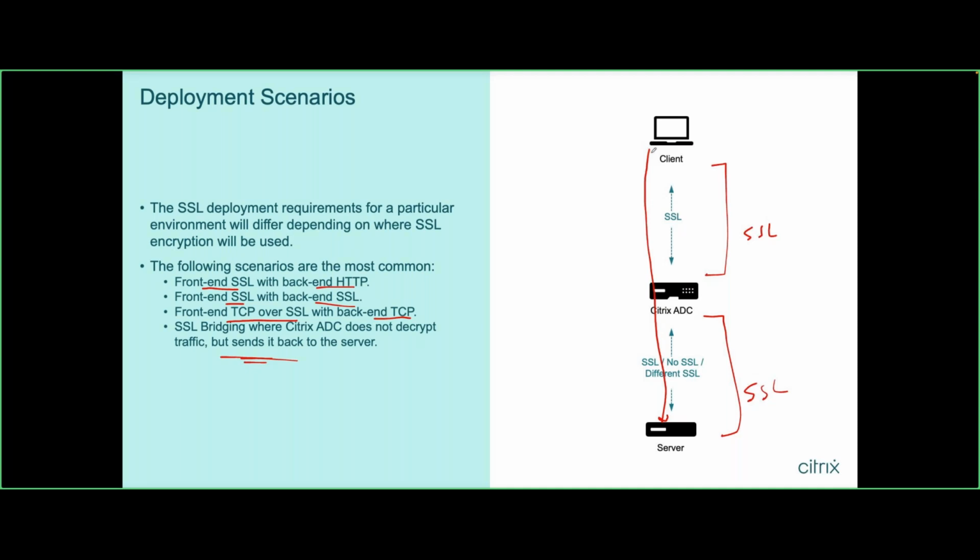I don't have to show you my server certificate. I can still use the ADC certificate, because I've made the ADC certificate to trust the server certificate, and I've made the server certificate to trust the ADC. Remember, it's a wildcard certificate. So even your server is using the same certificate.